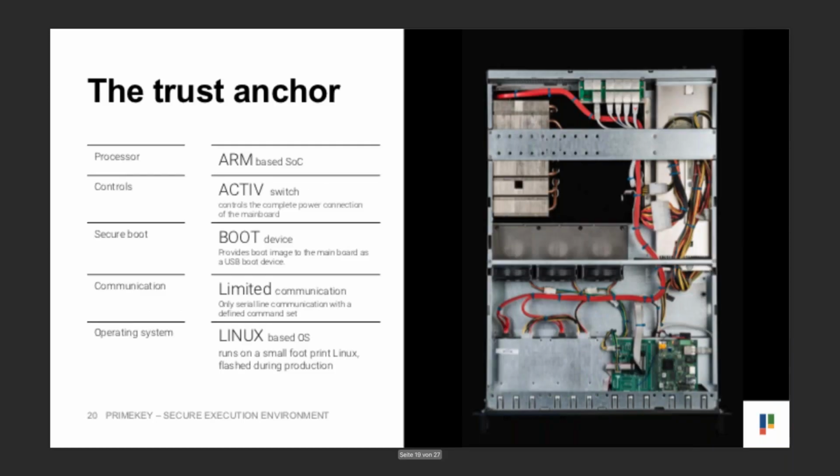Let's talk a little bit about the trust anchor. And the trust anchor, as I mentioned, is located inside this physical protected area, inside this epoxy resin potted area where the mainboard is located.